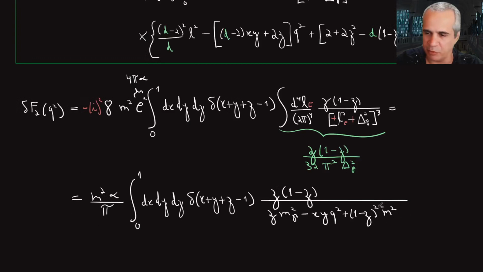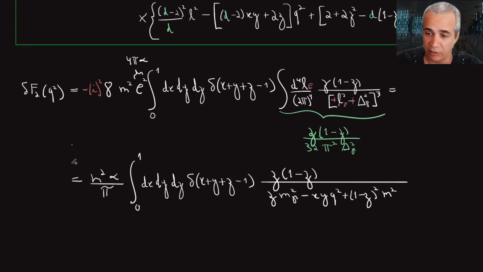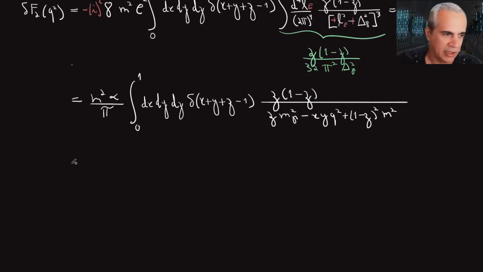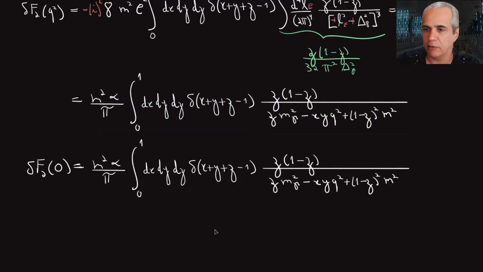I could, in principle, integrate this, but I'm not that interested in the result. What I'm really interested in is the calculation of this for q squared equals 0, because that's the definition of the contribution to the anomalous magnetic moment. So I want to calculate this guy, so I can repeat this expression here and put q squared to 0.